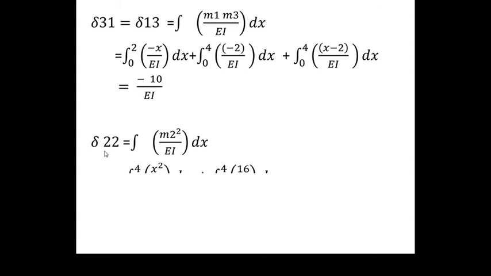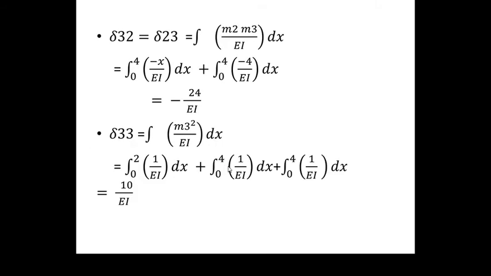We can calculate delta 22 is equal to the integration of m2 square divided by EI into dx. Similarly spanning AB, BC and CD, we are getting that value. Then delta 32 equal to delta 23 is equal to the integration of, you see this one, m2 here, m3 divided by EI into dx.